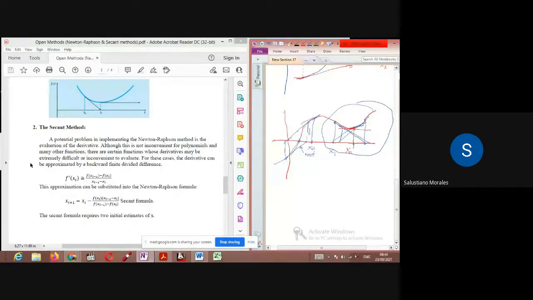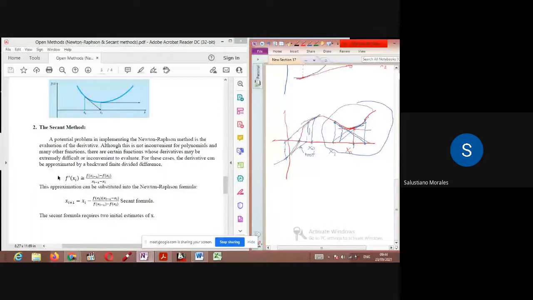So, usually, yung mga transcendental equations or the non-algebraic equations, medyo mahirap na evaluate yung mga derivative. Unlike in polynomials, that we only use the power formula to evaluate the derivative. So for these cases, the derivative can be approximated by a backward finite divided difference. This backward finite divided difference is one formula under the numerical differentiation na i-discuss natin almost last part of our subject.